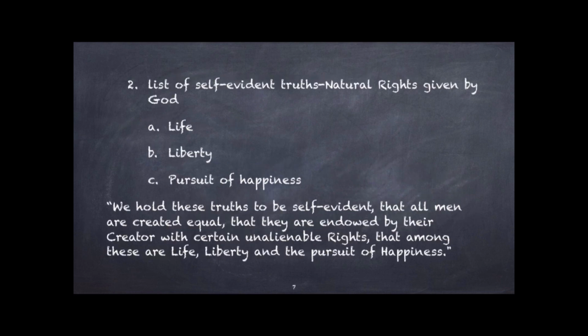The second part is the self-evident truths. So they're not just justifying it out of a whim. They're saying there are certain self-evident truths, natural rights given to us by God that have been violated. And of course, among those, notice in the writing they say among these, and they list the top three.